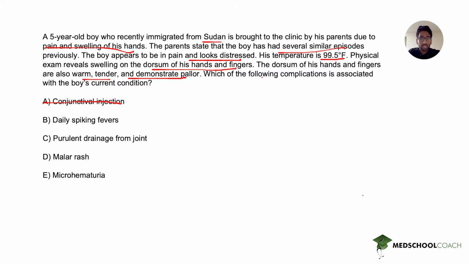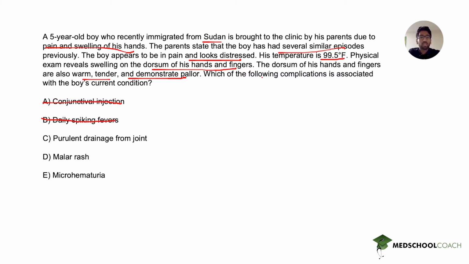So here we don't see that fever, we don't see the salmon-colored rash that we expect, nor the anemia. Furthermore, the juvenile idiopathic arthritis diagnosis would typically involve larger joints such as the knees, wrists, or ankles. So with all those things in mind, it's unlikely to be daily spiking fever.